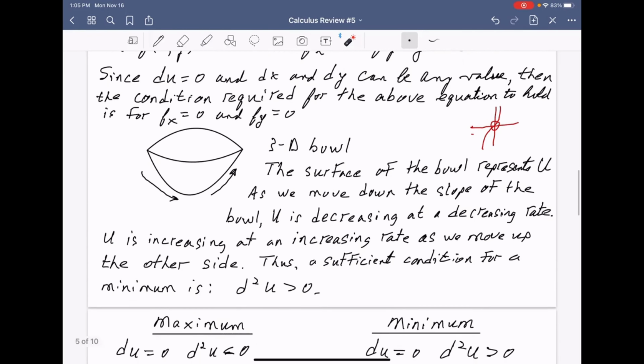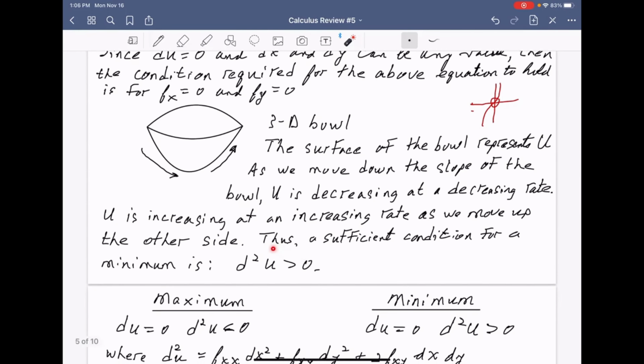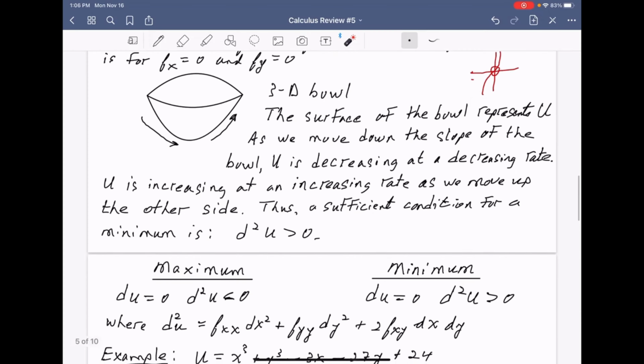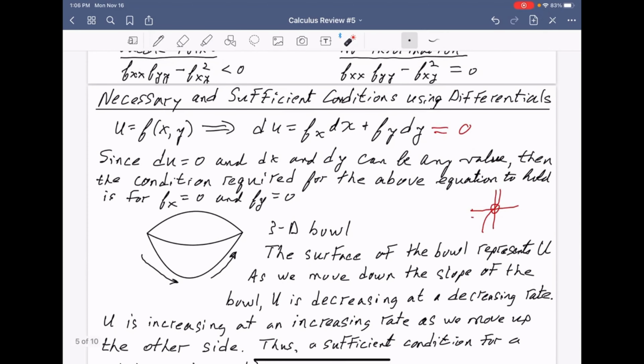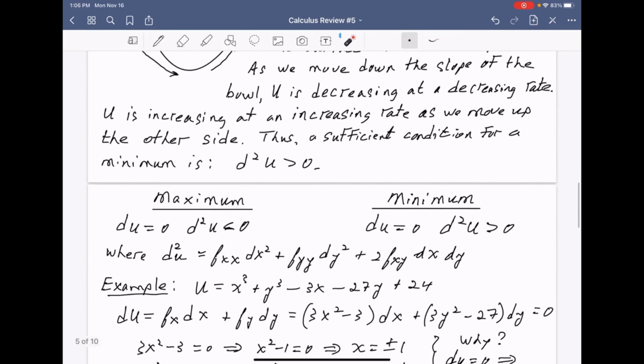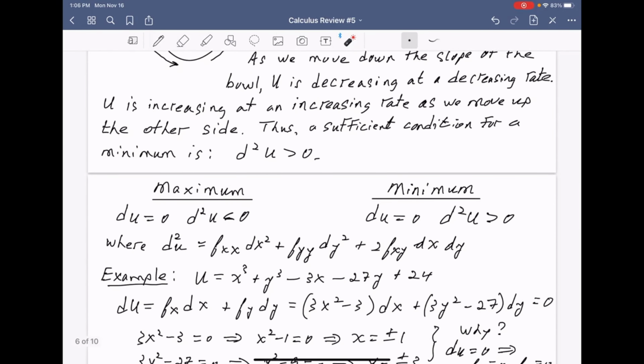Thus, a sufficient condition for a minimum is that this d squared u has to be greater than 0. So the second differential of u has to be greater than 0. Here again we have conditions for a maximum and a minimum. The first derivative, the total derivative, has to be equal to 0 for a maximum, and d squared u has to be less than 0 for a maximum.